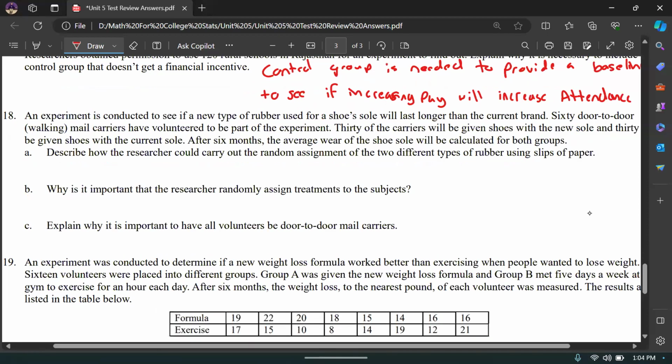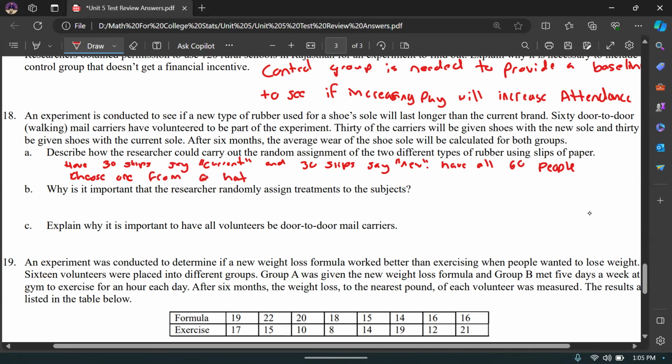So you could have 30 slips that say current, and 30 slips that say new. Have all 60 people choose one from a hat.